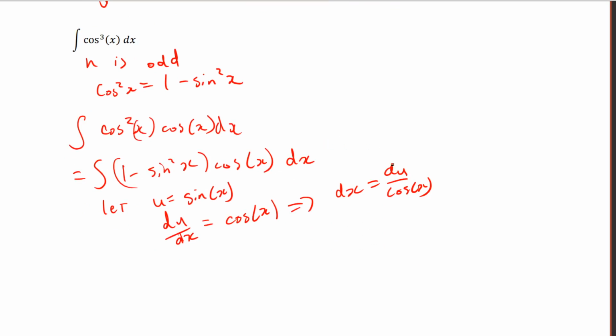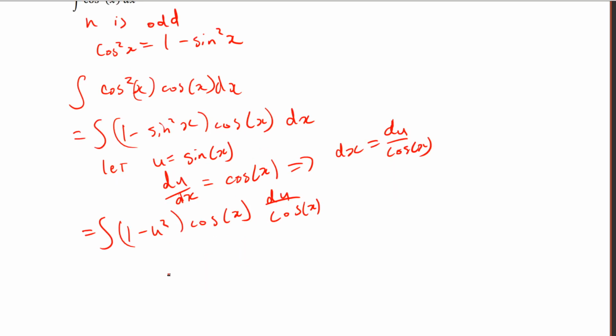My handwriting is a bit bad, but now I can write this integral up here as 1 minus u squared times cos x, and then du on cos x, and the cos x will obviously cancel. So now I'm just integrating 1 minus u squared times du, and then obviously integral of 1 is u, because I'm doing this with respect to u.